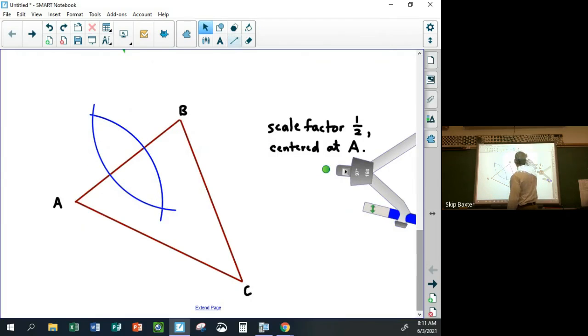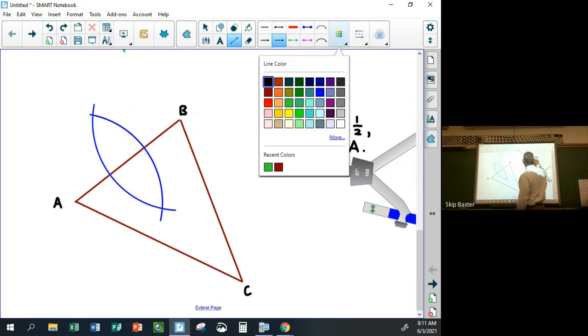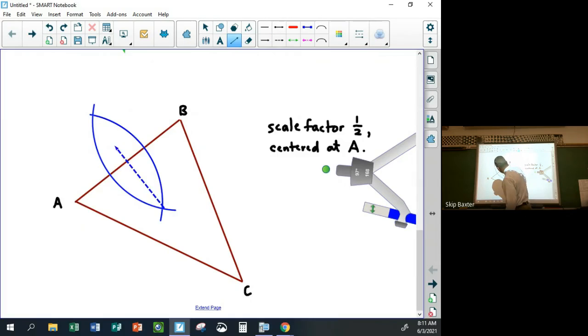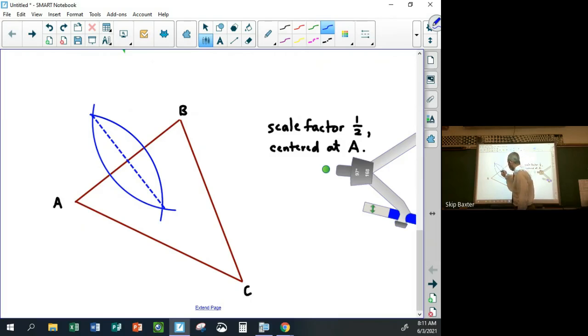And then connect the dots. Now for this, I don't want to do the actual line. I don't really care what the actual line is. All I care about is where it crosses the side of the triangle, and it crosses the side of the triangle right there. That's the midpoint of AB, so this has to be B prime, right?